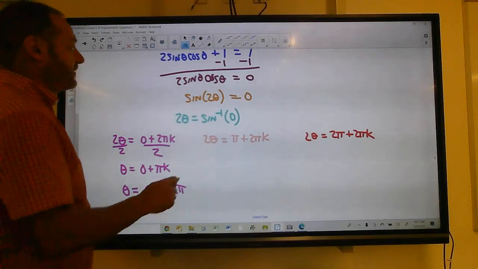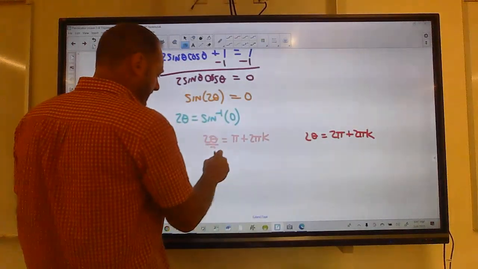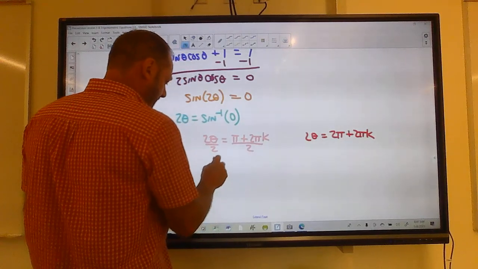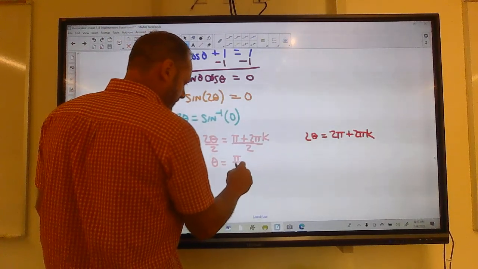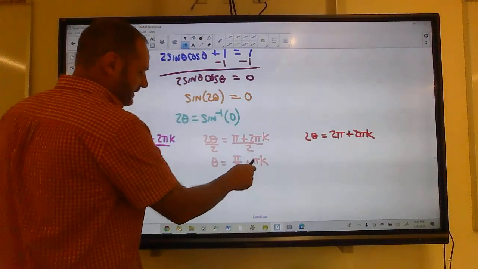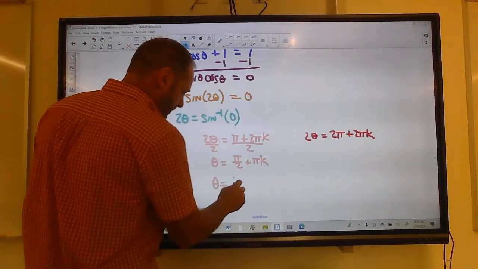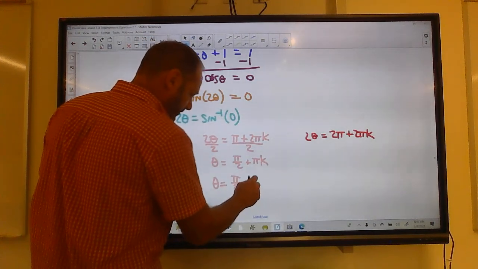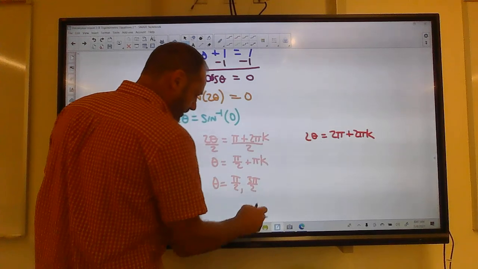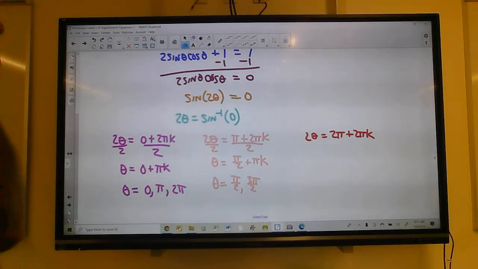All right, now let's check this one. So I divide by 2, and I get theta is going to be pi over 2 plus pi k. So I need to make this 2 pi over 2, so theta is going to be pi over 2, and it's also going to be 3 pi over 2. And if I add another 2 pi over 2, that's 5 pi over 2, that's 2.5 pi's, that's too big.